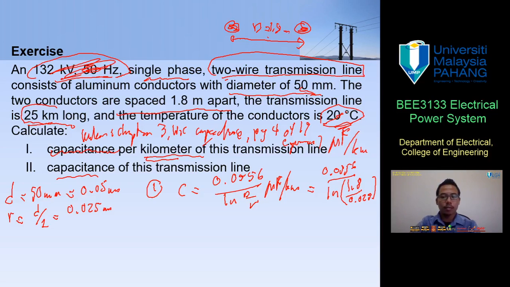From my calculator, I get 0.013 microfarad per kilometer.